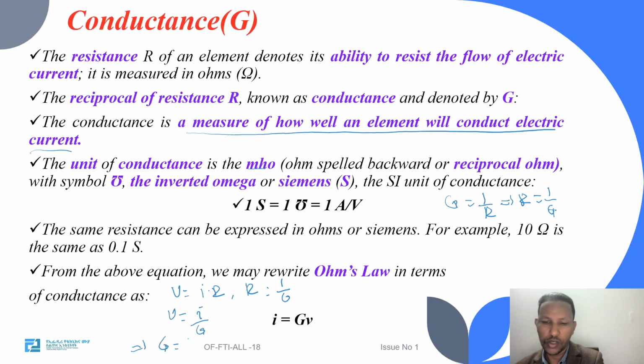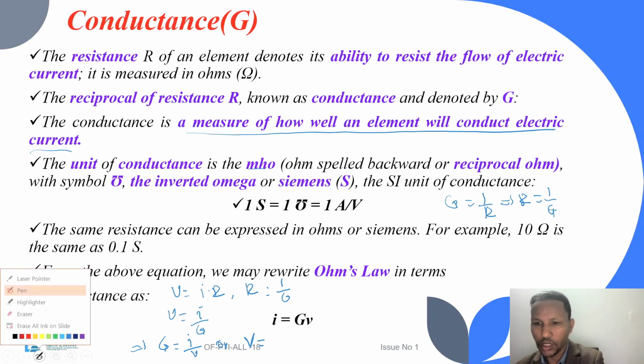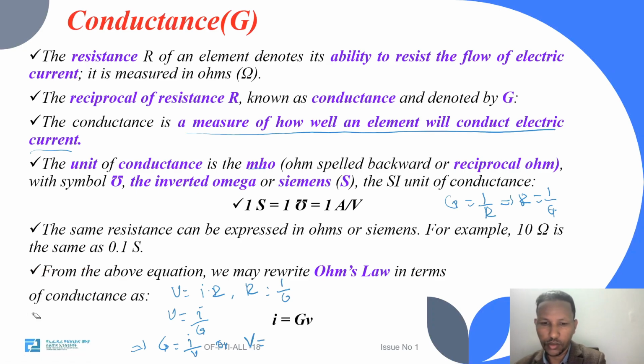From this we can write G, the conductance, as I over V, or the current equals voltage times the conductance.